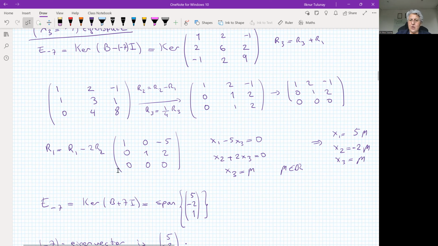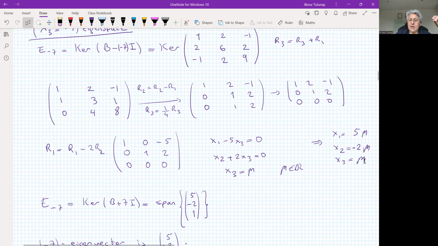From this last row, we find that x3 is a free variable, x3 equals mu, a real number. From the first row, x1 minus 5 x3 is equal to 0. From the second row, we have x2 plus 2 x3 is equal to 0. So these equations imply that x1 is equal to 5 mu, x2 is minus 2 mu, and x3 is mu.